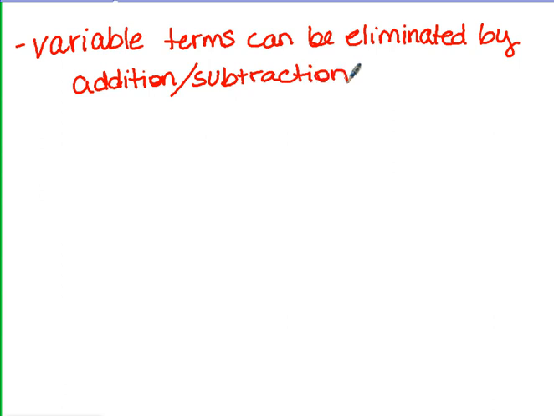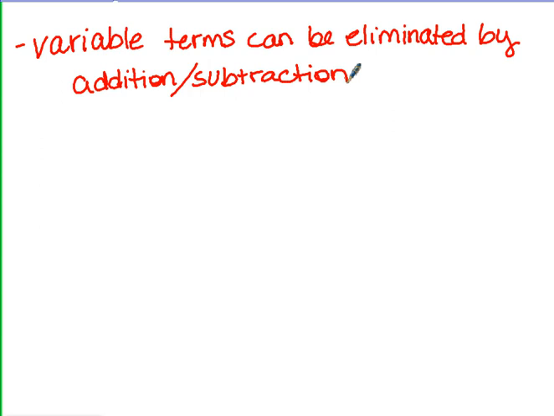Now keep in mind that in order to eliminate a variable, in order to add or subtract it, both coefficient terms need to be the same. For example, a 4x term and a 4x term, if we're trying to eliminate, well, how do I get rid of 4x? I take away 4x. So the coefficients on these variables need to be the same.